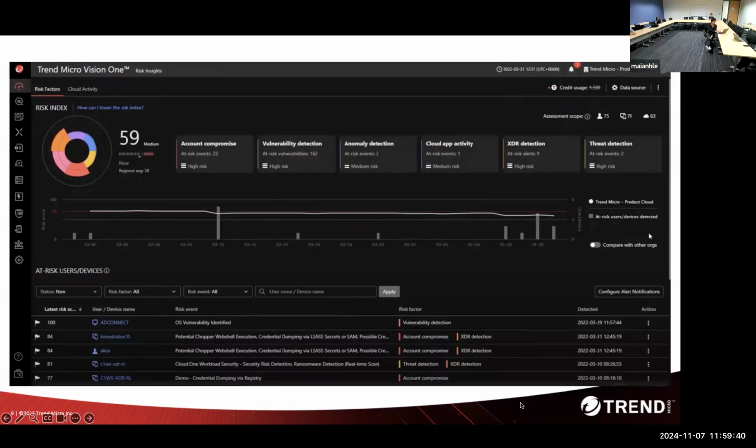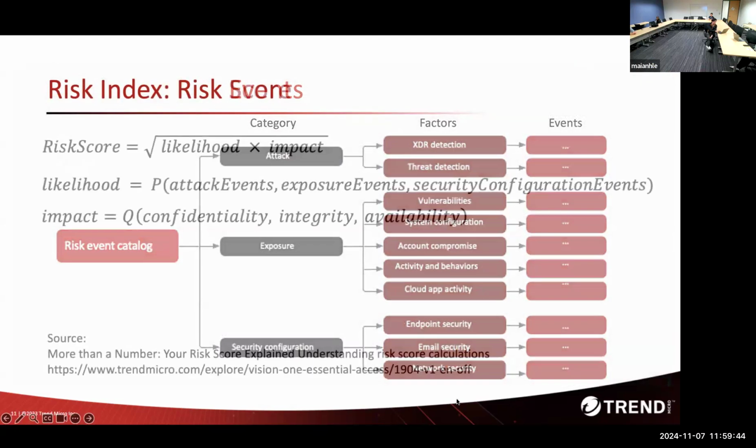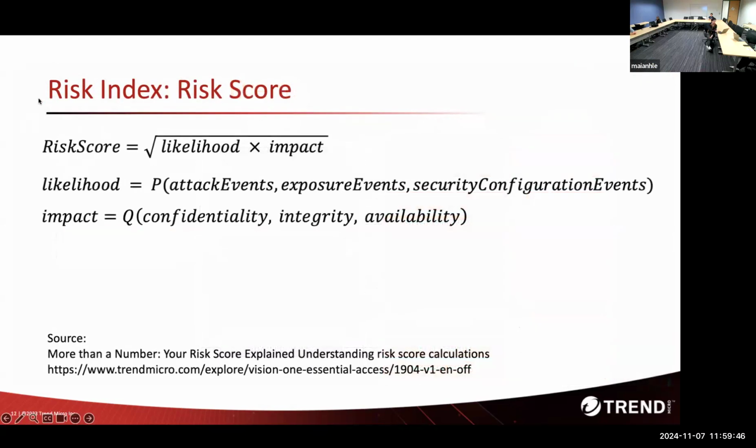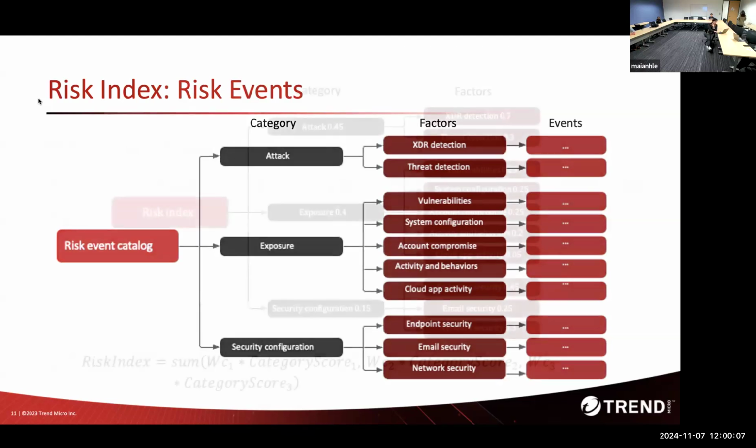Yes. So maybe I'm not super clear in here, but there are two different things. There's a risk score, which is per asset, per computer, per user, and each individual has a risk score, and then all these risk scores roll up into different factors and categories, and all these scores go in eventually into the risk index.